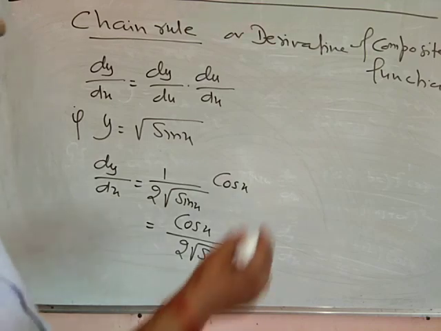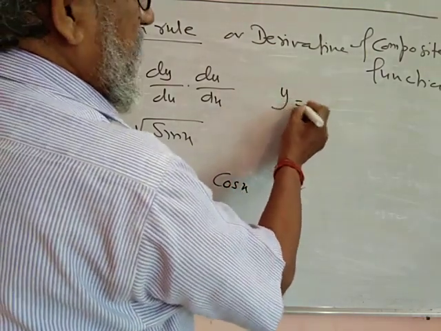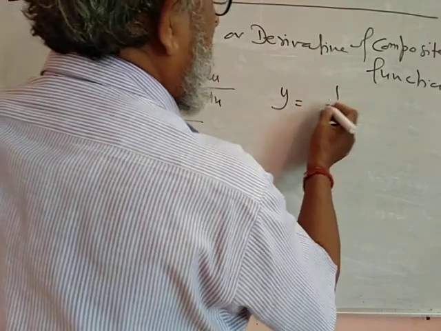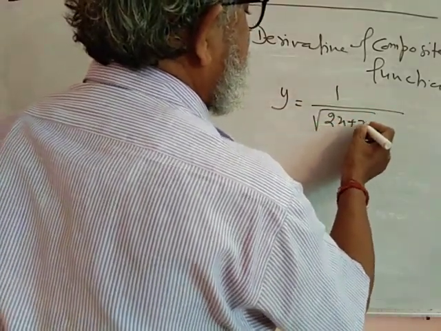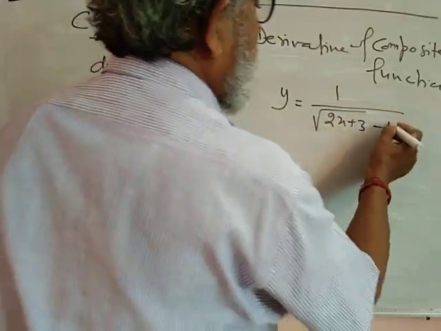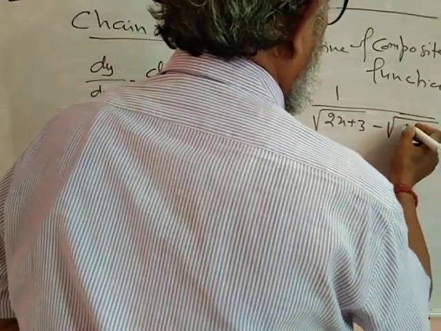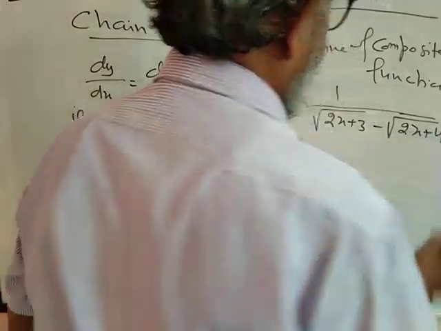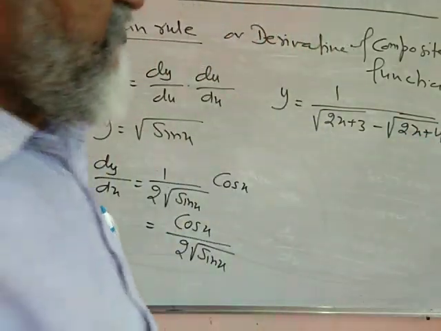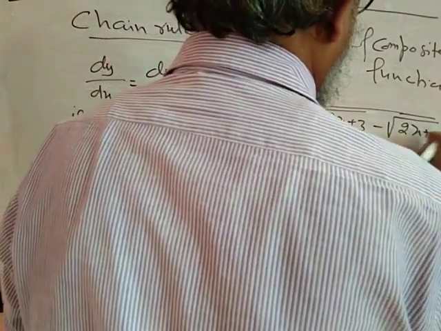Y is equal to 1 upon (under root 2x plus 3 minus under root 2x plus 2). I'll make it plus 2.